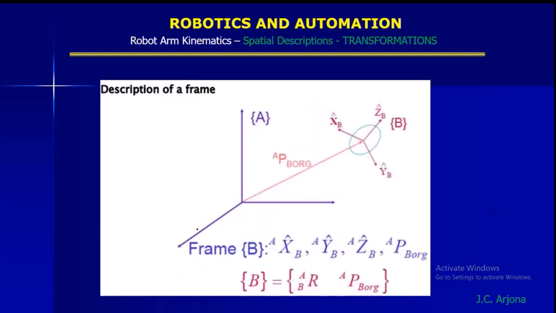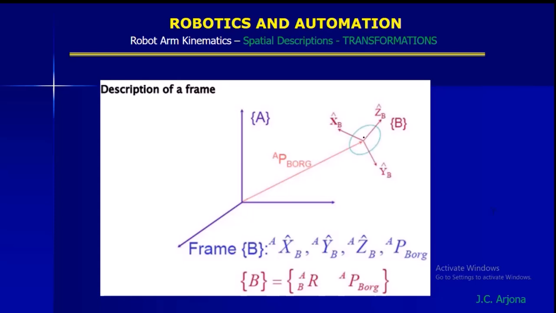Description of a frame. So again, here is the frame A. We have the frame B, the body attached frame. Between the 2 points, we have the PBORG to A. What does it mean, this one?